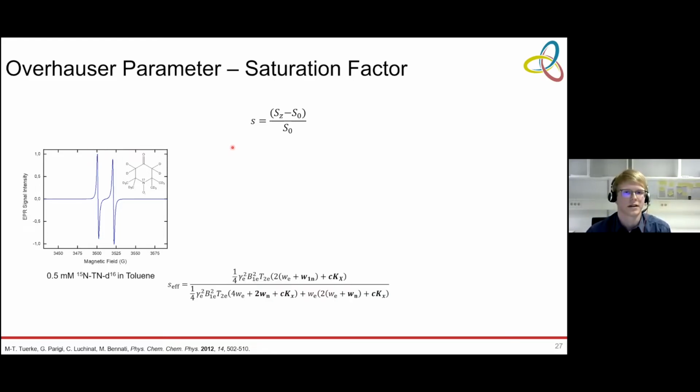However, the two lines actually interact with one another through a Heisenberg exchange, but also through nuclear relaxation in certain systems. And through that, we can actually achieve much larger saturation factors than only 0.5. And experimentally, we can also measure that.